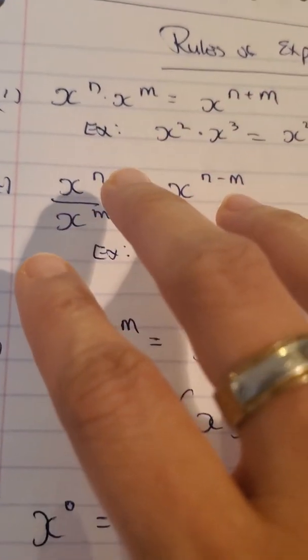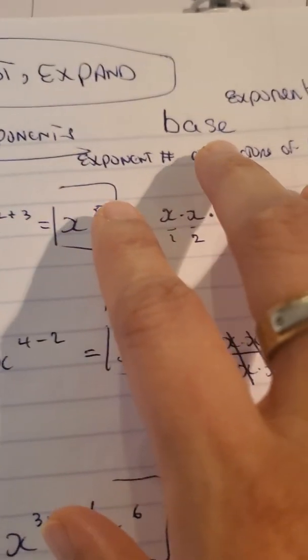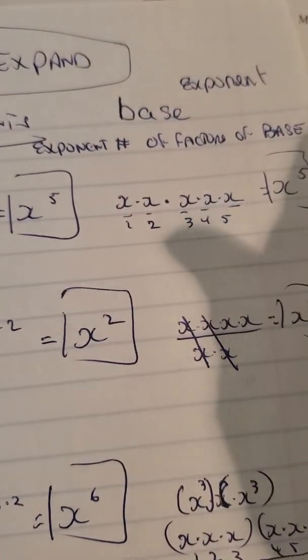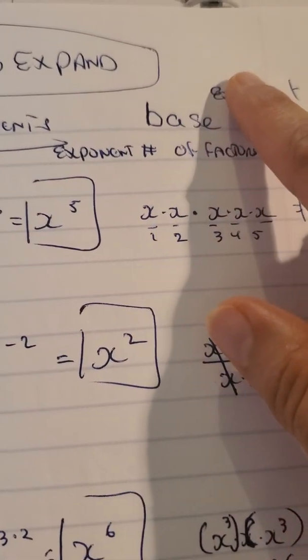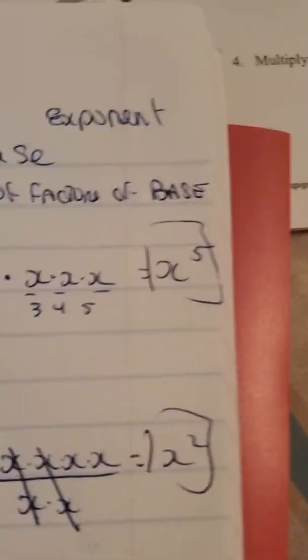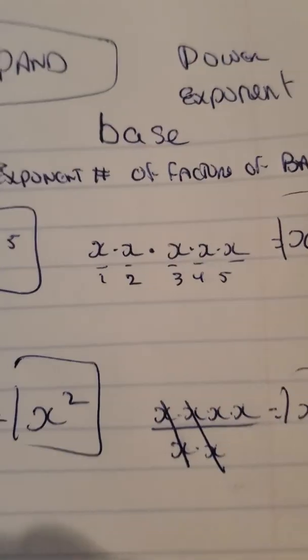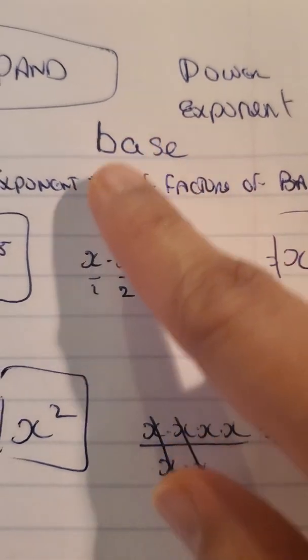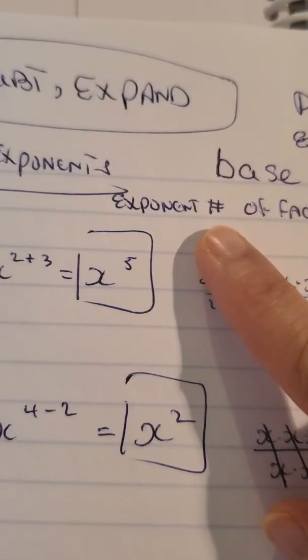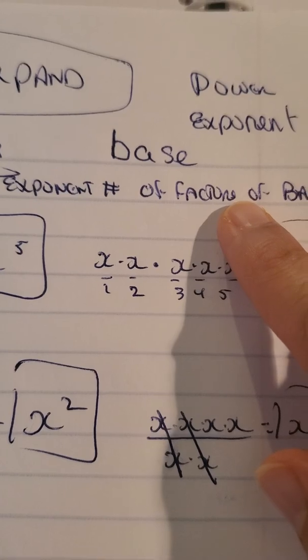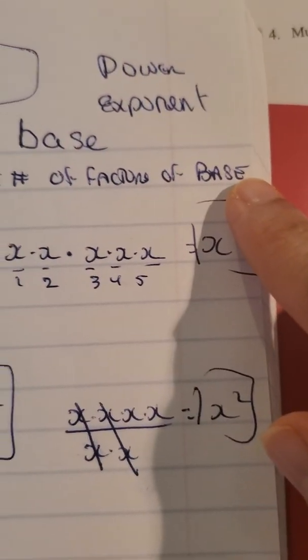So the first rule of exponents here, first of all, let's understand what an exponent is, or revisit it. We have a base and an exponent or a power, right? People call this a power. And what that exponent is telling you is the number of factors of the base that you have.